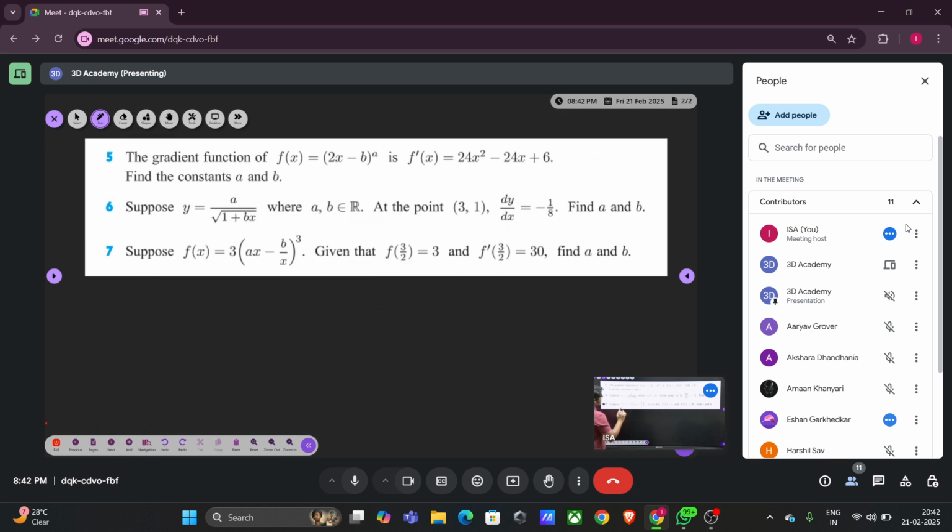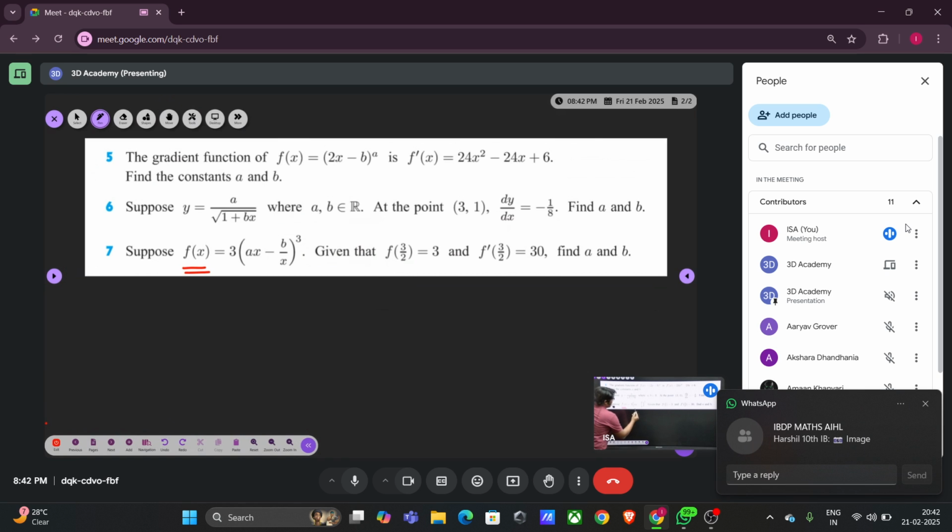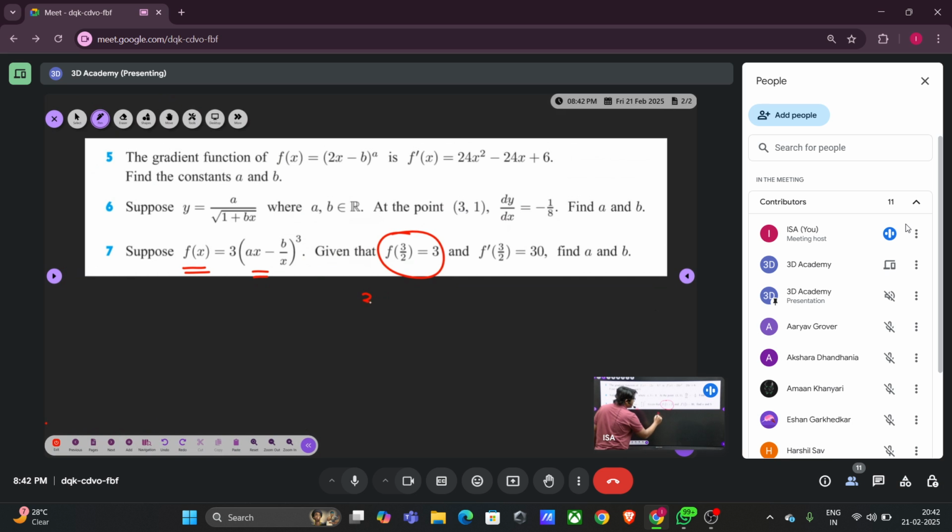ठीक है, fine. Now see, f of x is given, right? And here f of 3 by 2 is 3. So it is nothing but the coordinate. So what you do, at the place of x you put 3 by 2, at the place of y you put 3 by 2. You will get one equation in 2 variables. Okay? Second, here f dash of 3 by 2 is given. Means what? You will differentiate this function.